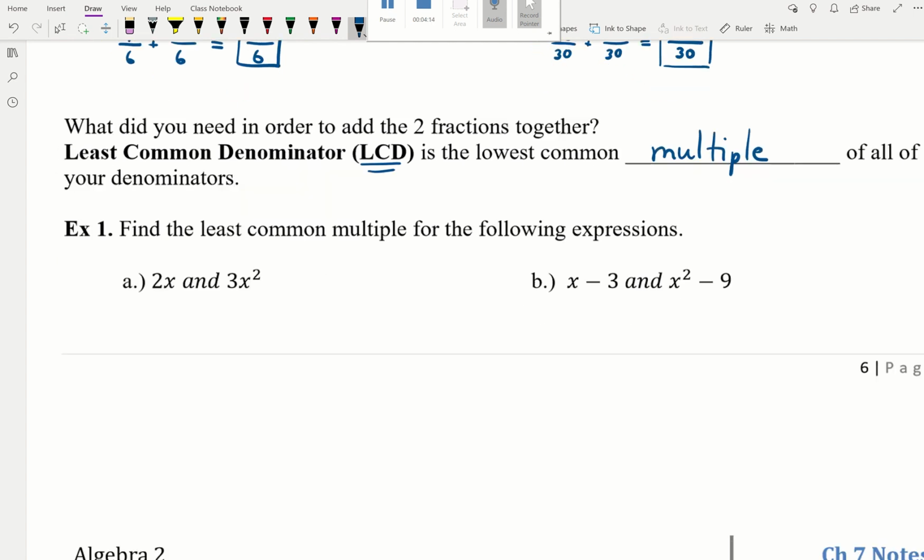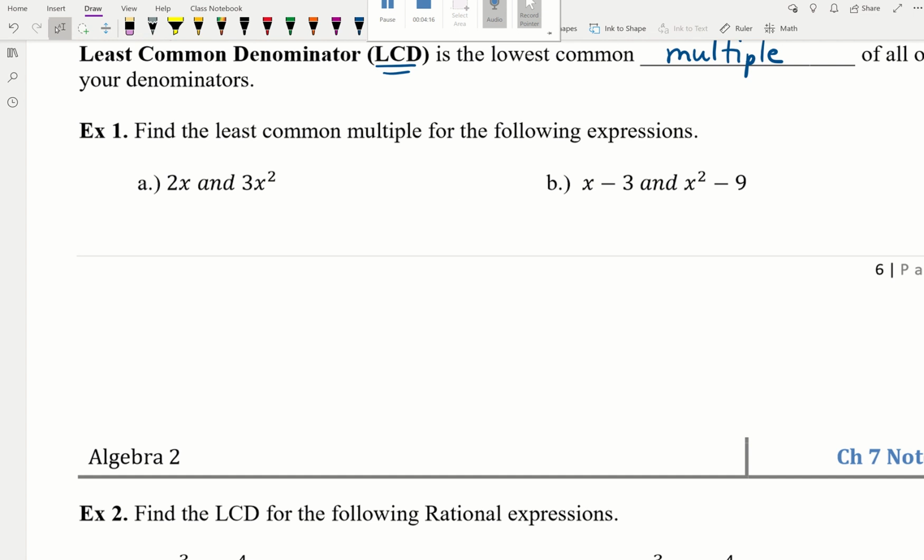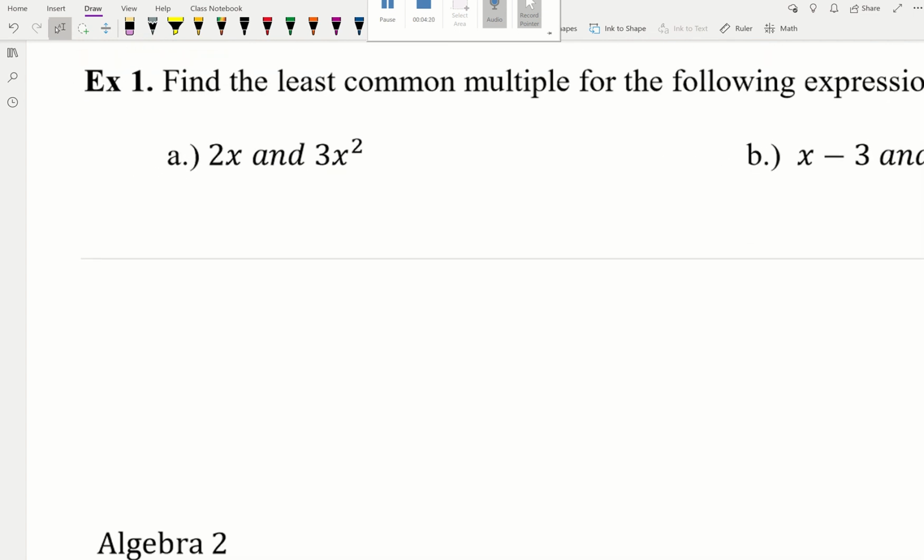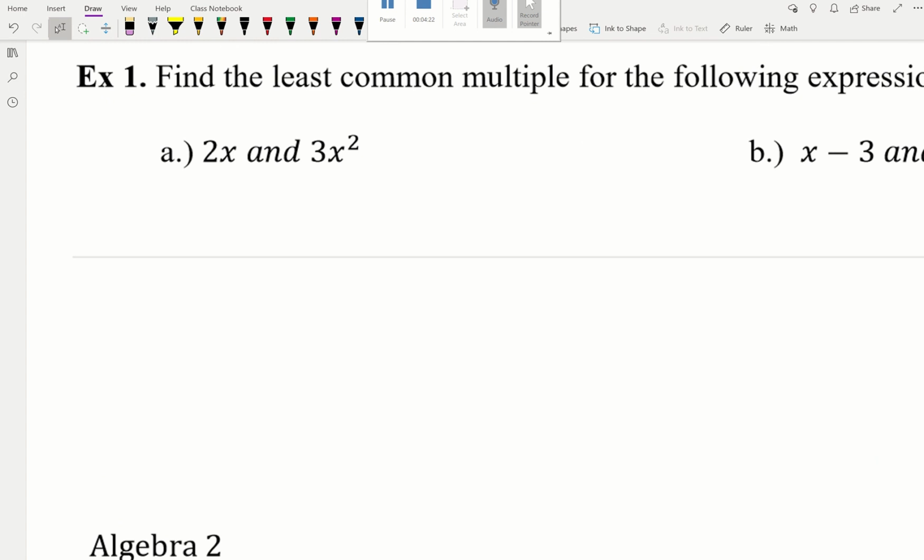We've got a couple examples here that are just going to practice figuring out what those least common multiples are. There are different ways to do this, but the way I always think about it is, if I'm looking at two terms, I'm going to figure out what its factors are. The factors of 2x are 2 and x.